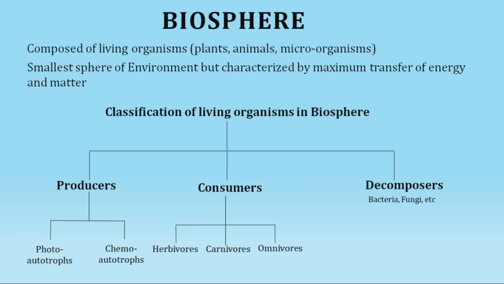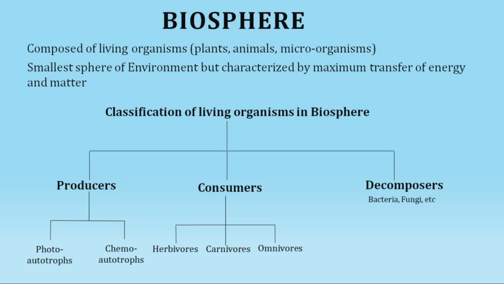And carnivores include snakes, lions, tigers, jackals, foxes, etc. The third category of consumers is known as omnivores, those living organisms who can feed on both plants as well as animals. The example in this category is human beings who can feed on both plants as well as animals. So that was all about consumers.